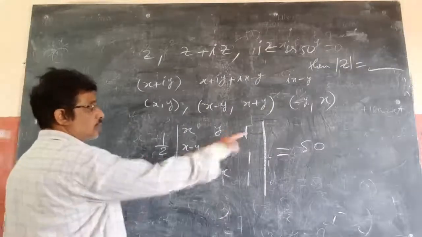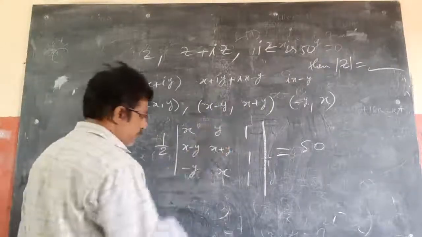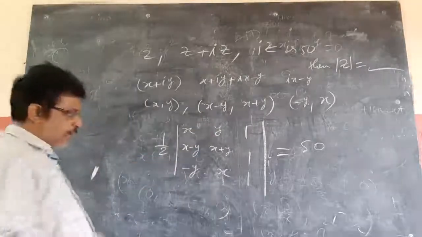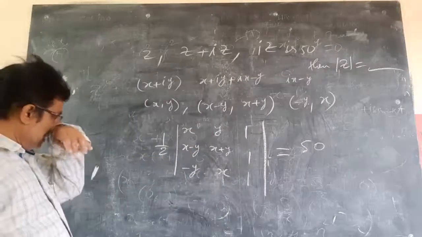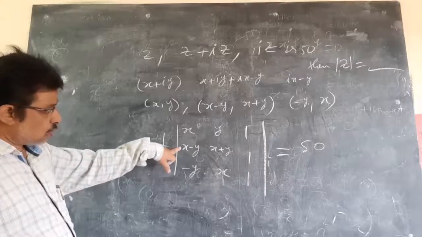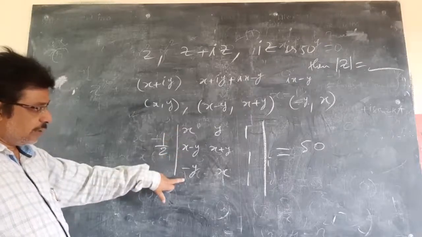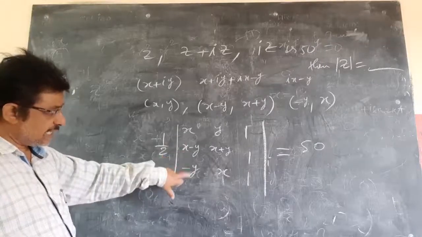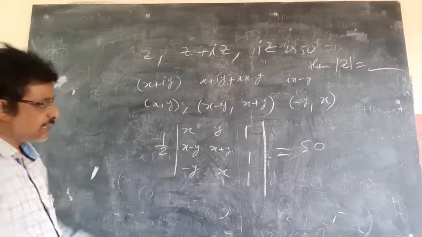Now this 1 by 2 goes to that side into 2. So 50 into 2 is 100, and here I need to find this det. For that I will use a small property: R2 tends to R2 minus R1 minus R3, so that x cancels and minus y plus y gets cancelled.